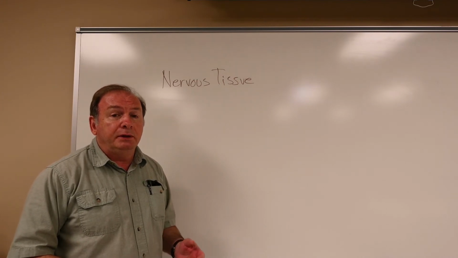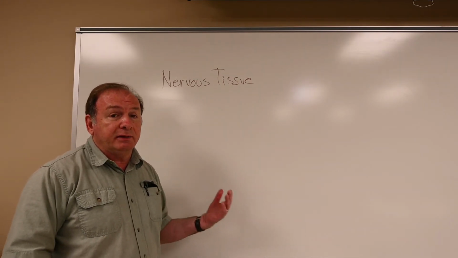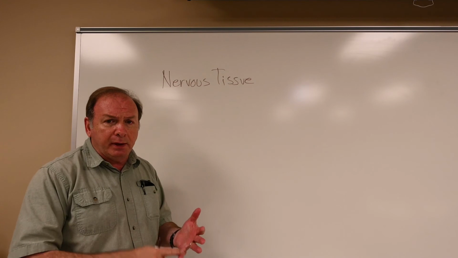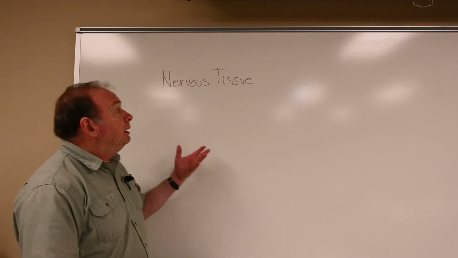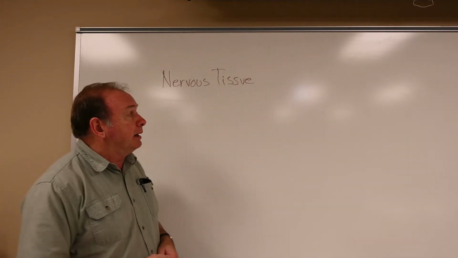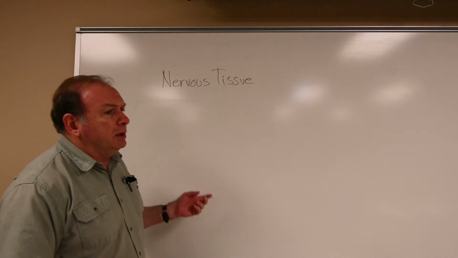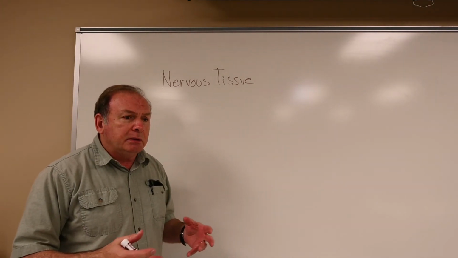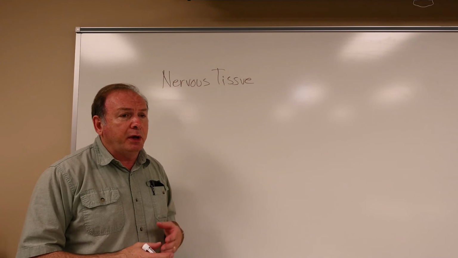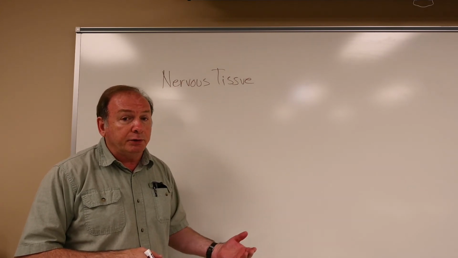Our fourth tissue category, and this is the last of our tissue categories. We've been through epithelium, connective tissue, and muscle. Nervous tissue is the fourth category. Nervous tissue includes a number of cell types, not all of which are conducting nervous impulses.